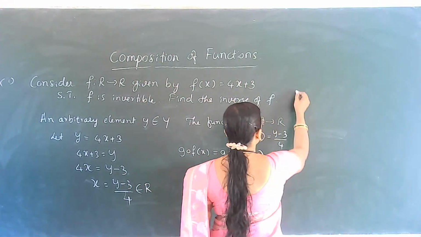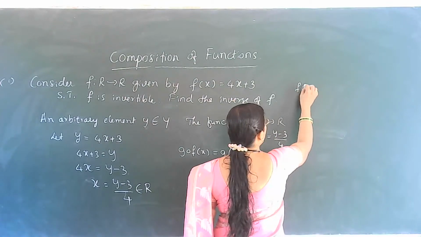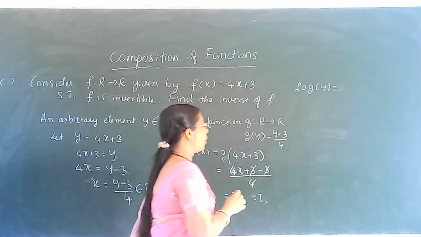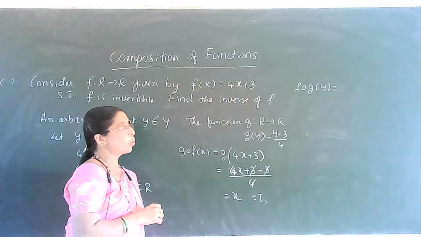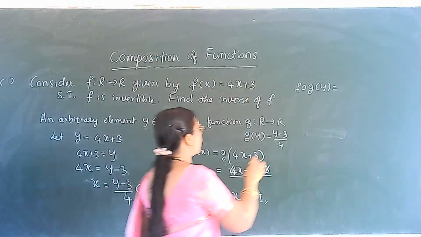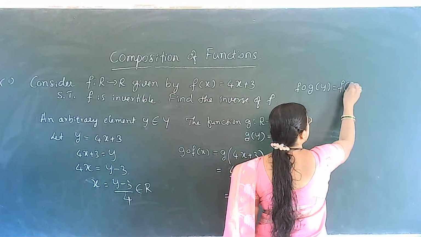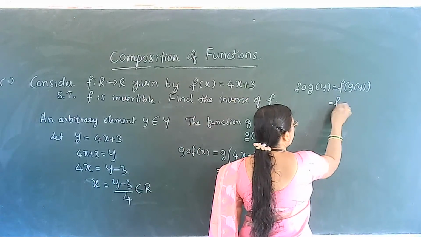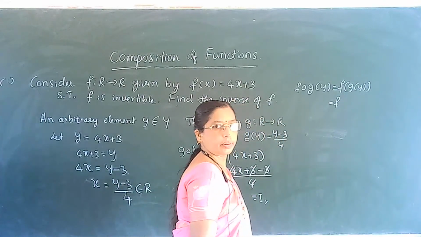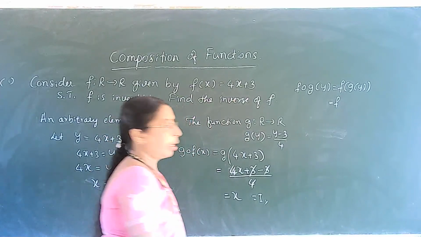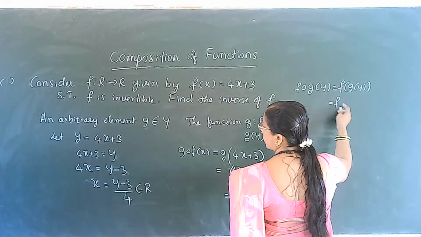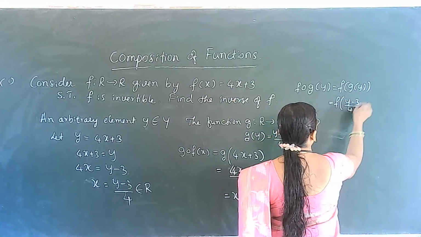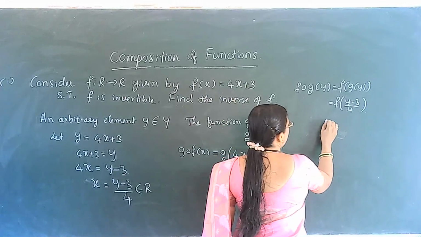Then find f composition of g of y, which is equal to f of g of y, which is equal to f of (y minus 3 divided by 4).